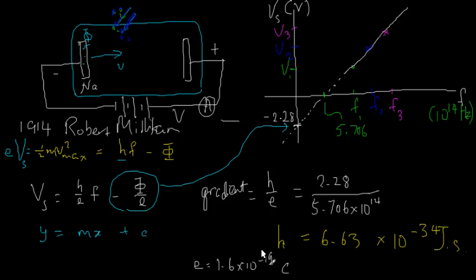Now I've been using the name Planck's constant for this h, and I realized that I sort of slipped it in this and in the last video. So let me just write out the name of this h.